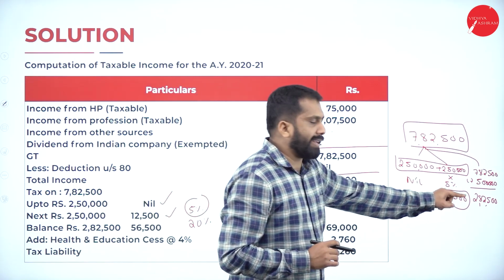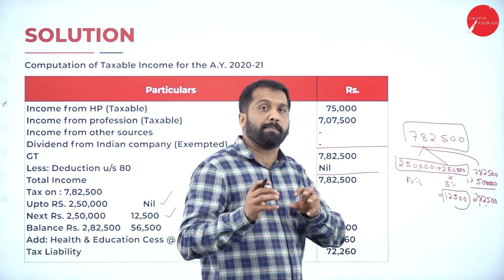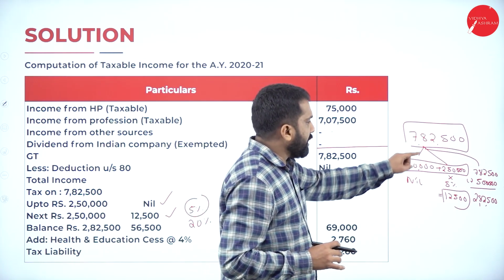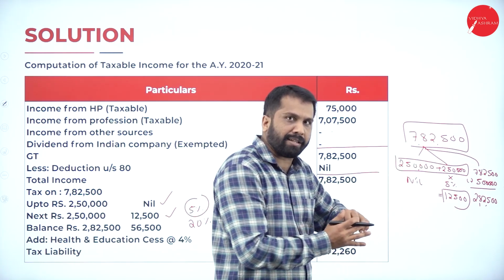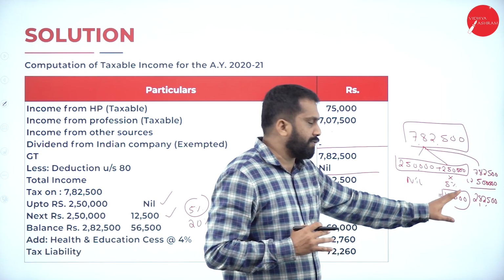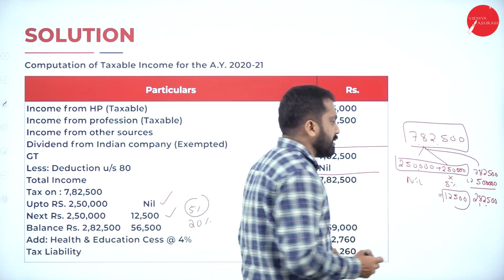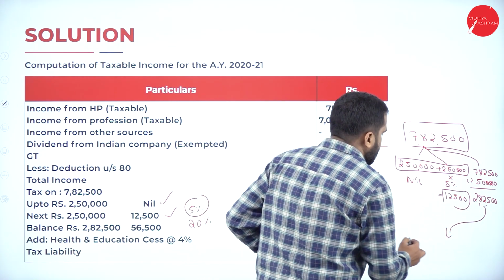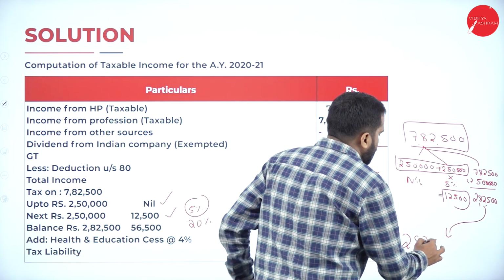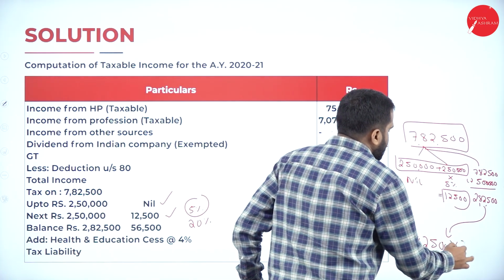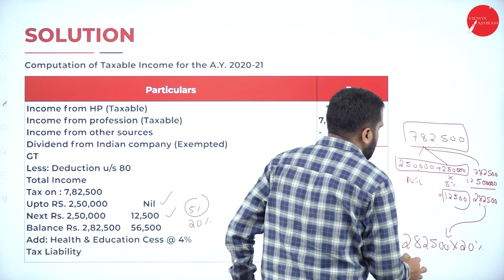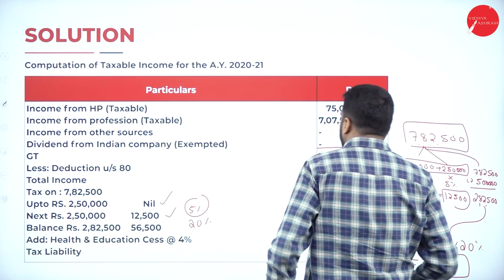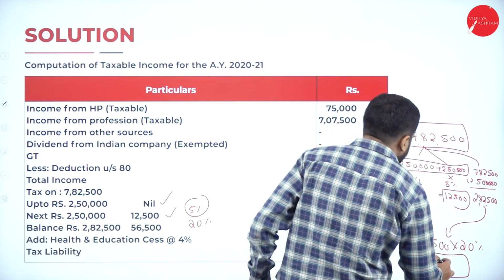Now, 2,82,500 is your balance value. Out of 7,82,500, 5 lakh calculations are done. What is your tax? 12,500. The remaining is 2,82,500. 2,82,500 multiplied with 20%. How much you will get? You will get 56,500.